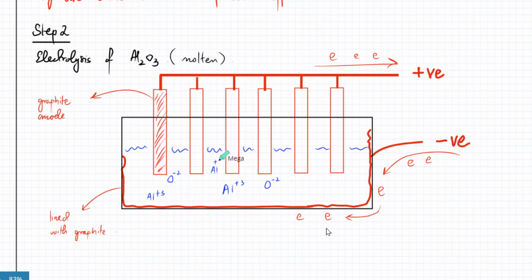So I'm going to draw lots of Al+3 and O-2 ions all randomly moving around.